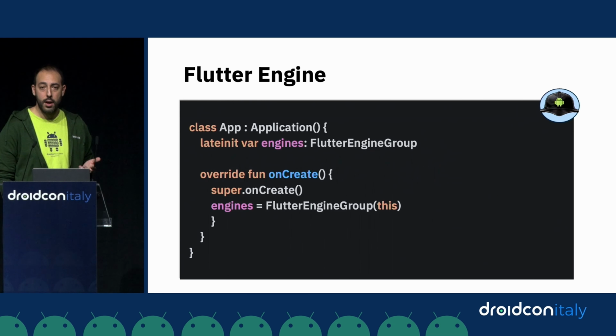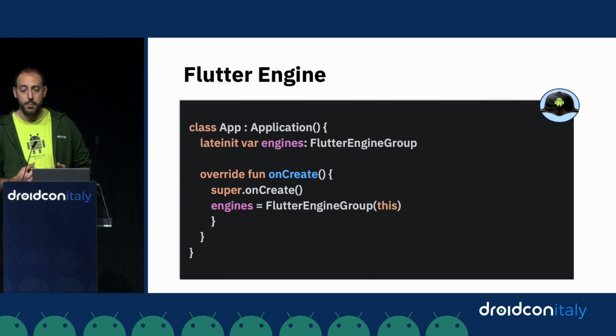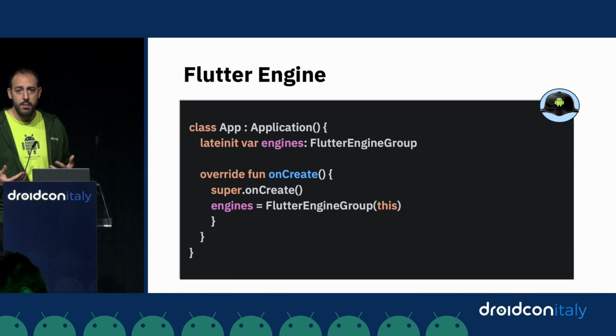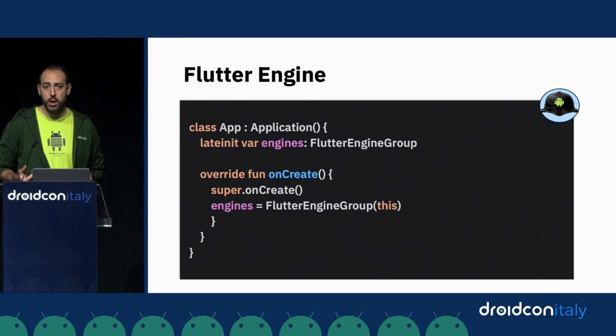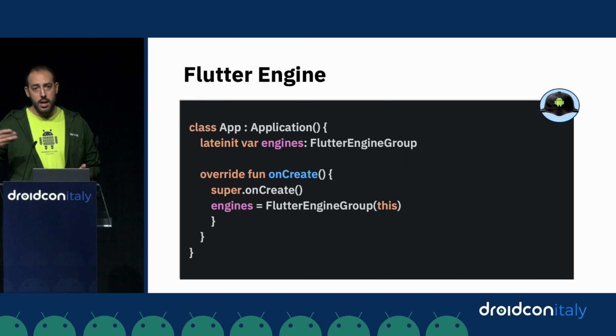So we go to the Flutter Engine part to instantiate it in the Android native part, in our application. In this case, it's comfortable for me, but you can declare that wherever you want, and you can create a Flutter Engine group. Flutter Engine group is coming from the Flutter framework and is instantiating multiple Flutter engines, because for each Flutter engine there is only one anchor.